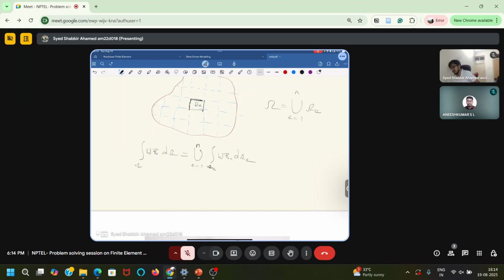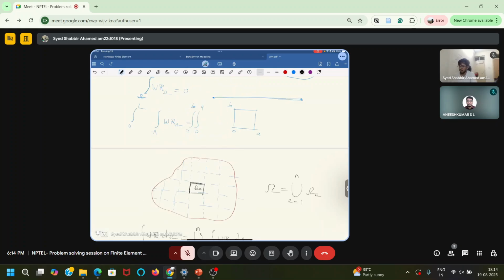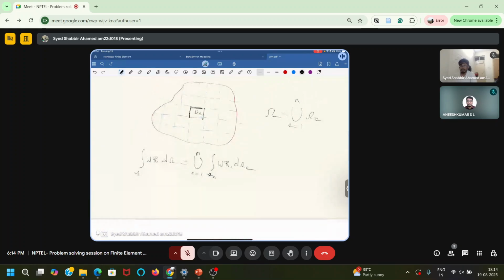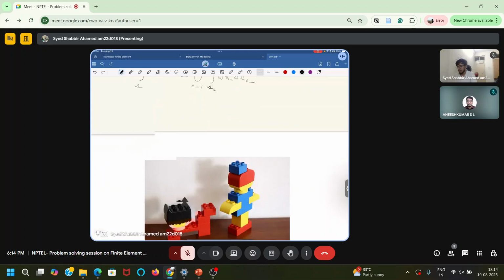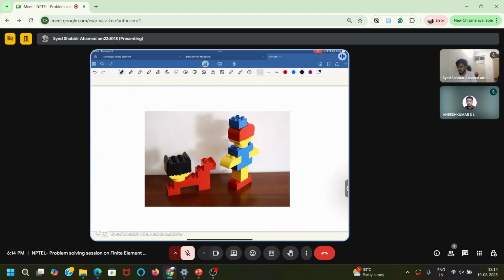So we have seen the bar problem also, and we have moved on in this week to solve the beam problem. One analogy you can think of is this Lego model.